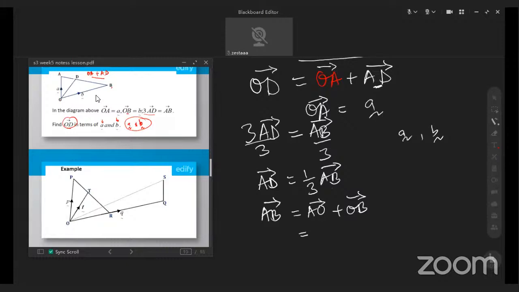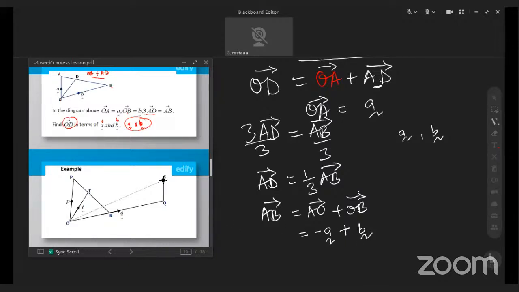Yes, Mondesi. AO is the negative of OA, which is negative A. Plus what is OB? OB is B.